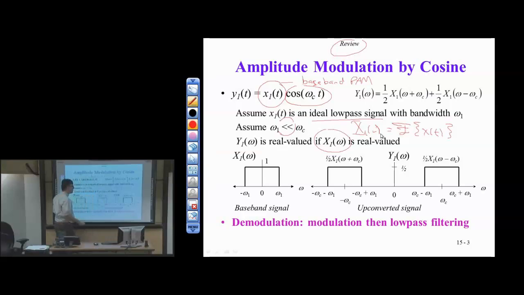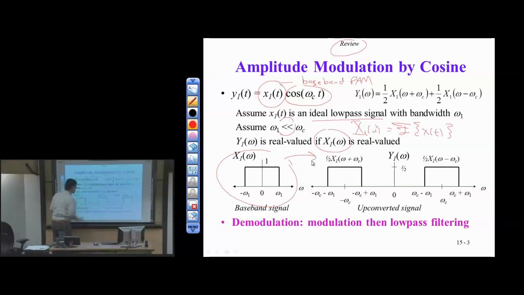And what we've seen before is that if x1 is real valued, then after upconversion, y of t has a real valued Fourier transform. Again, it's band limited, two-sided signals, all theory, there's no noise here, it's all pure idealism. But a good starting point.